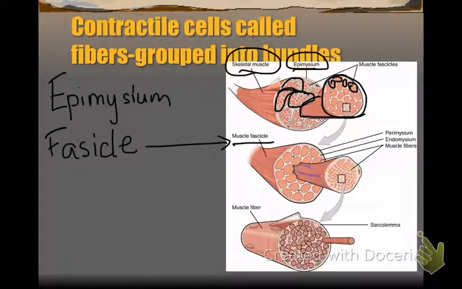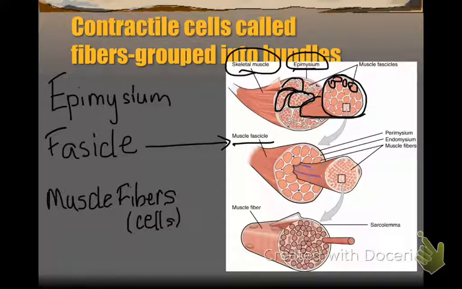And each muscle fascicle is filled with lots of muscle fibers. Muscle fibers are what we call simply muscle cells. So a muscle fiber is the same thing as a muscle cell. So the epimysium wraps the whole entire muscle. Each fascicle is wrapped with a perimysium.